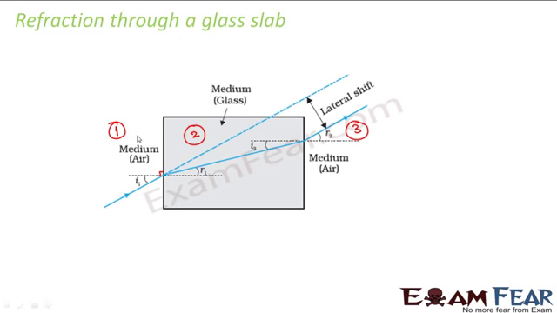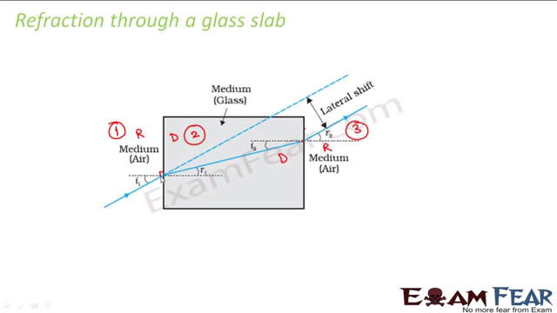So it is entering from a rarer medium to a denser medium, so it bends towards the normal, and then again it moves straight. Again it reaches this point where it enters from a denser medium to a rarer medium, so it goes away from the normal. In this case the angle of incidence is i2 and the angle of refraction is r2. So what do you see?